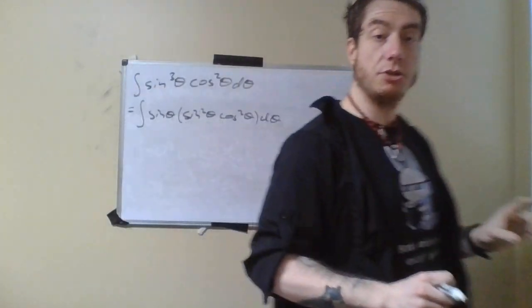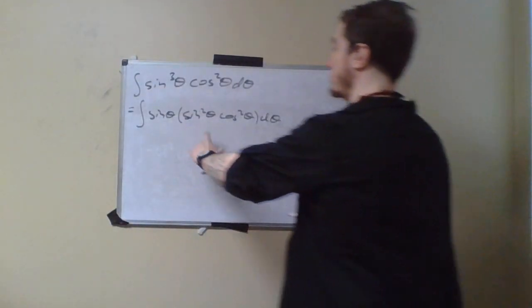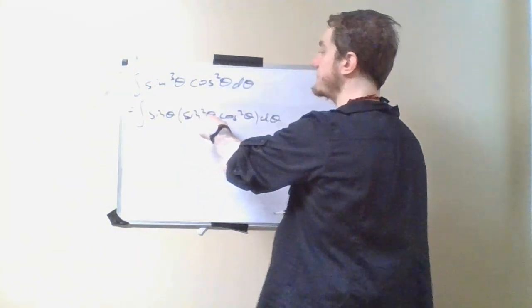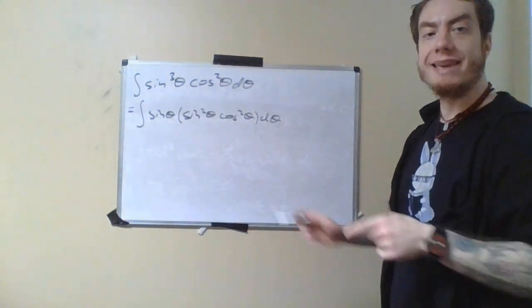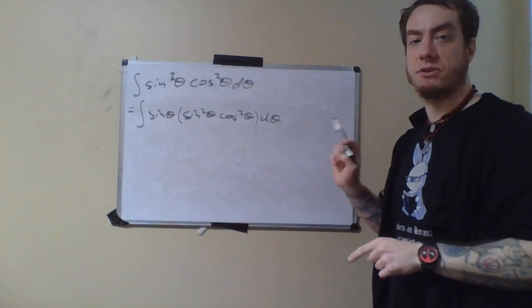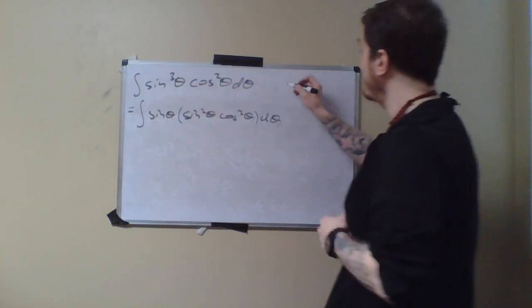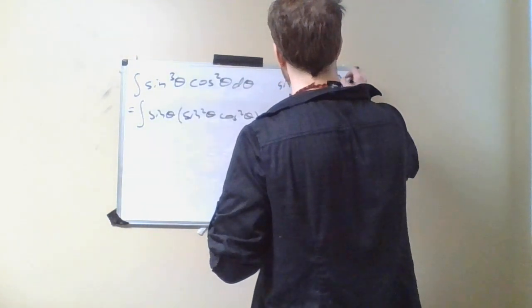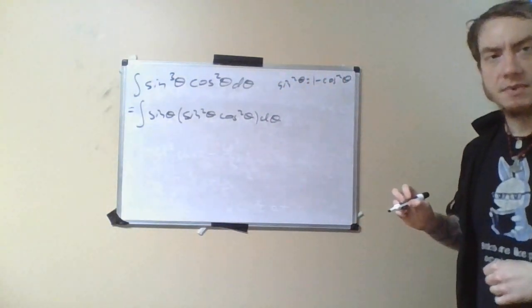The reason I'm going to do this is because as long as this sine squared involves an even power, I can rewrite this entirely in terms of cosines. Why? Because sine squared theta is equal to 1 minus cosine squared theta.